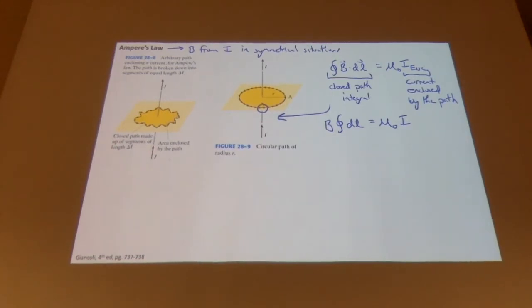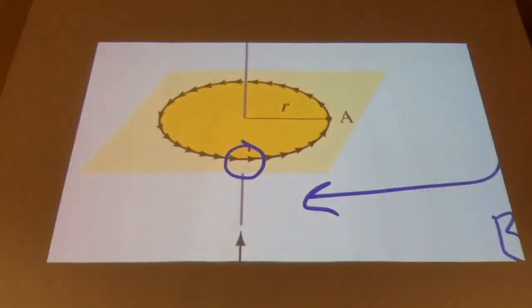Okay? So what is this integral of dl? Here's the way to think about it. If we go back around here, each one of these little arrows might represent dl. dl just means a little bit of the path. Each one of these is dl. If I add up all of those and go all the way around the circle, all I've done is find the circumference of a circle.